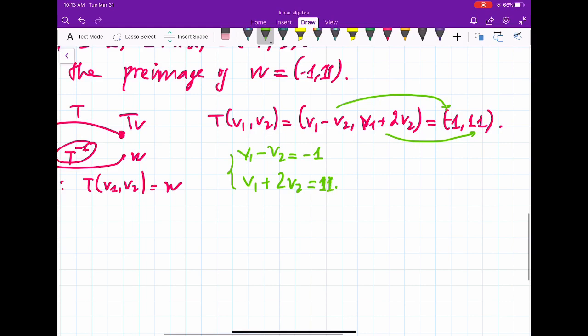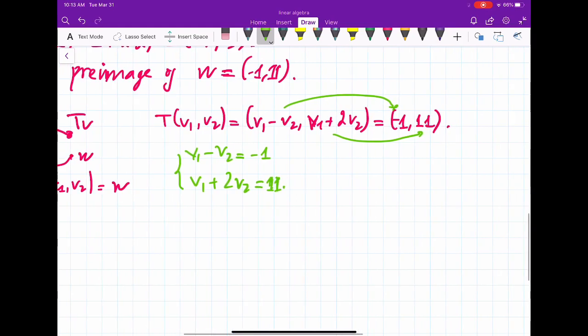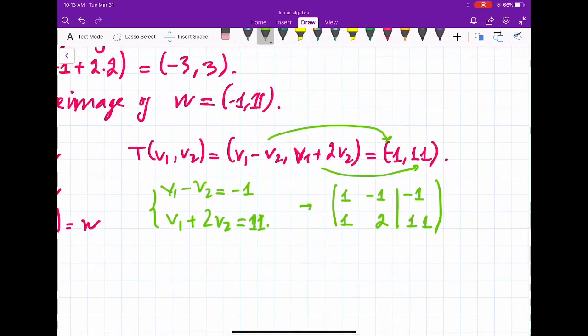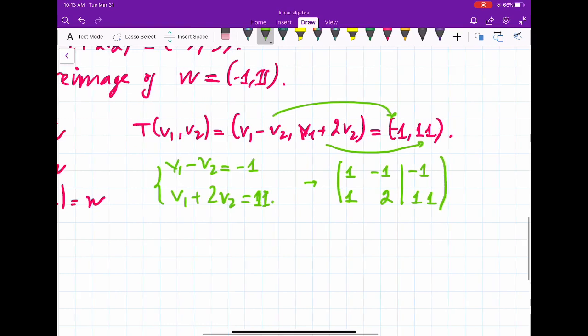If you write this in the matrix form, you would have the following: 1, negative 1, negative 1, 1, 2, and 11. So basically, in order to find the pre-image, you need to solve this system. Look at this. This system is AV equal to W, where W is negative 1, 11.